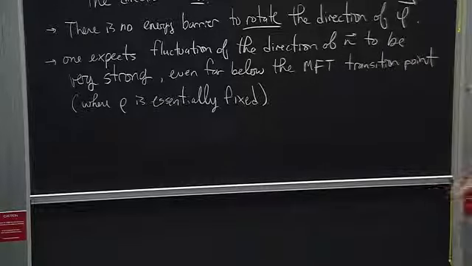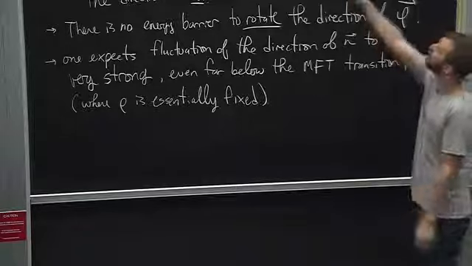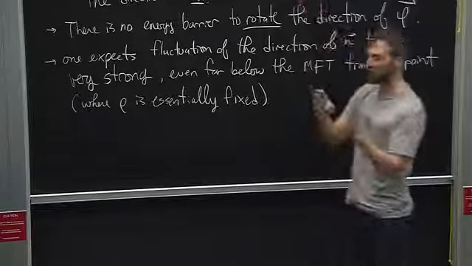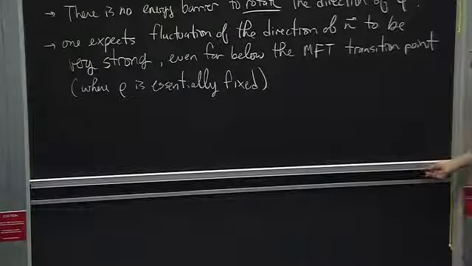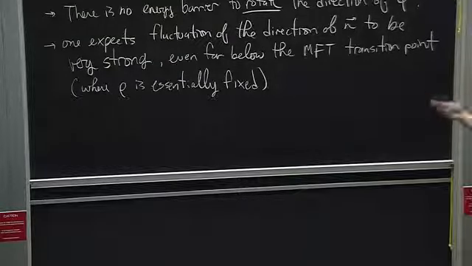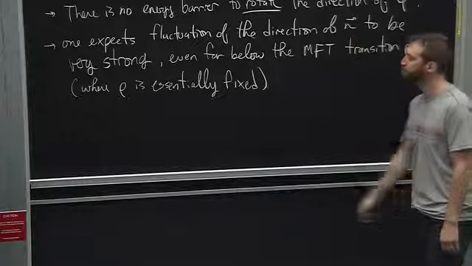Okay, so let's consider fluctuations around this mean field solution. We're going to begin with the order parameter that's essentially fixed in magnitude, like this, and we're going to consider how to include fluctuations in this global direction n.